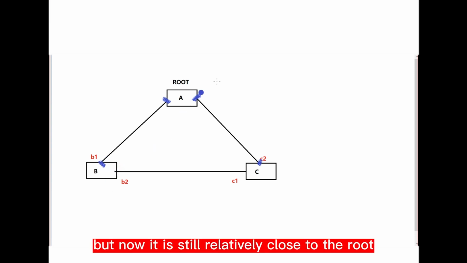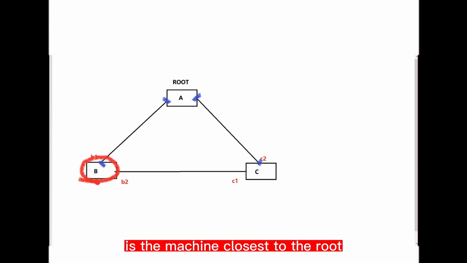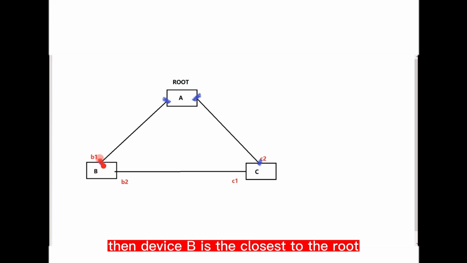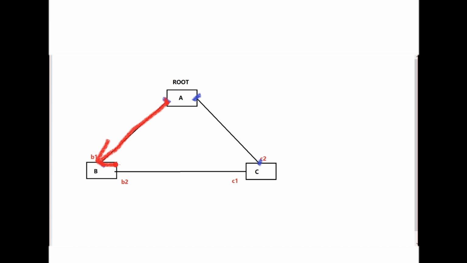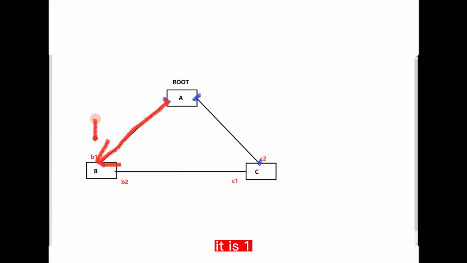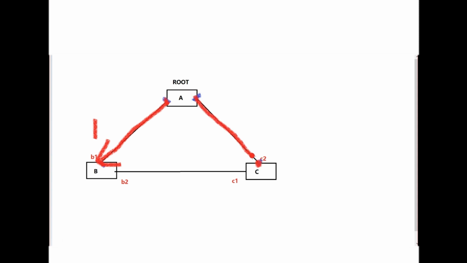But now it is still relatively close to the root, but the compared parameter is the port on the machine closest to the root. Device B's closest distance to the root is from this port to this port. So we still calculate the cost like this. It is 1. If the root sends a message to device C, in fact it is also 1.